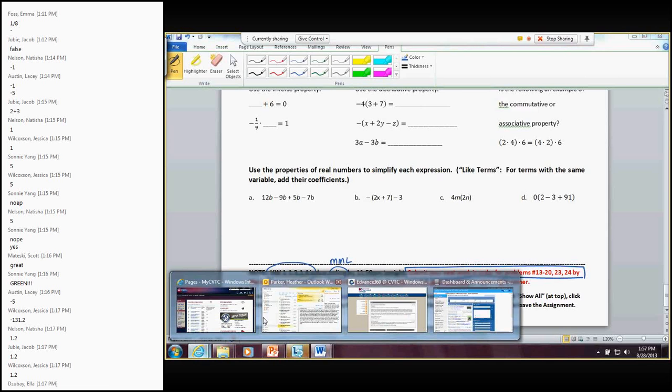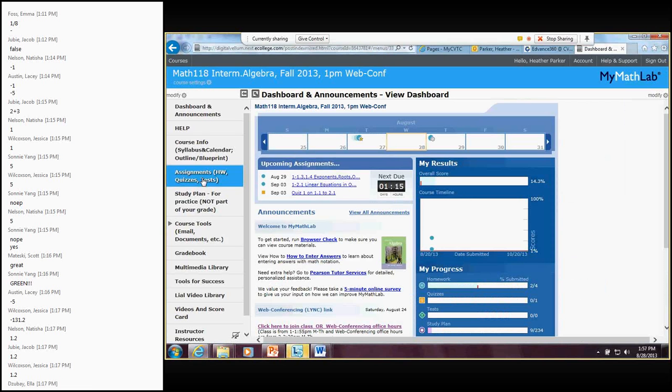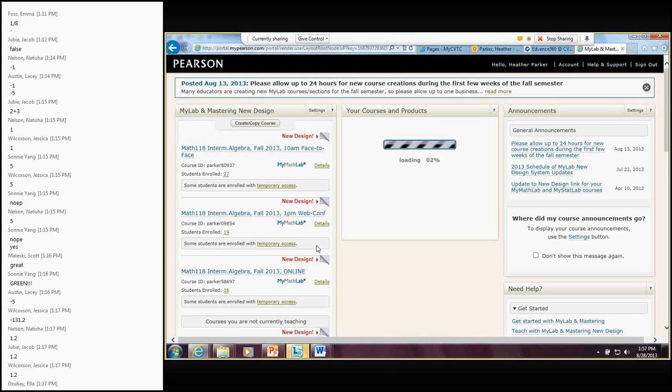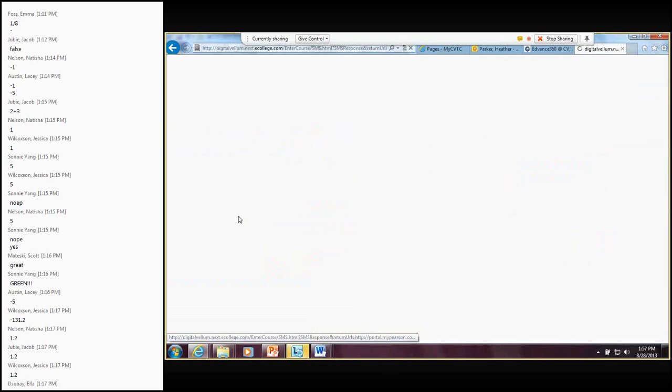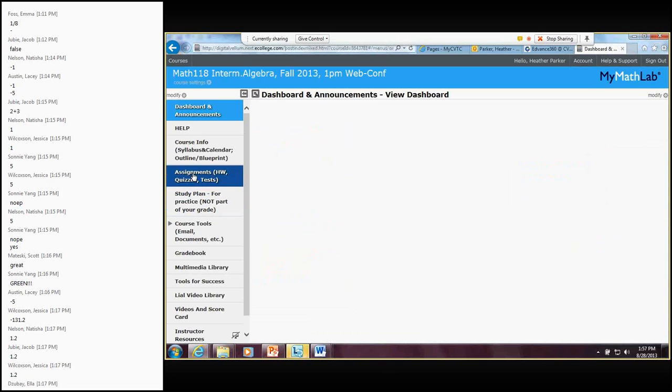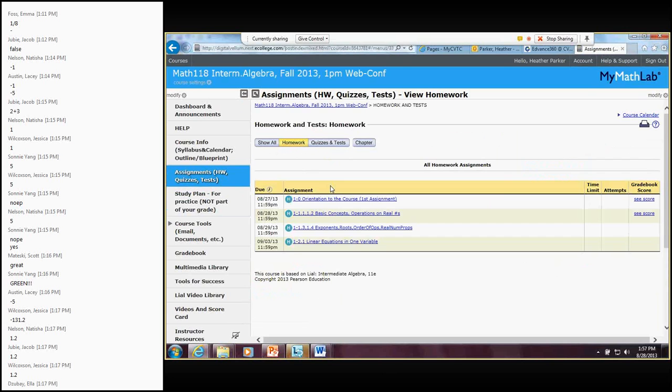In our MyMathLab assignments. Shoot. Let me go back into our class. Okay, so always go to your assignments, and this is how I check. Go to the assignments button, and then click show all, and the due dates are right on the left there.